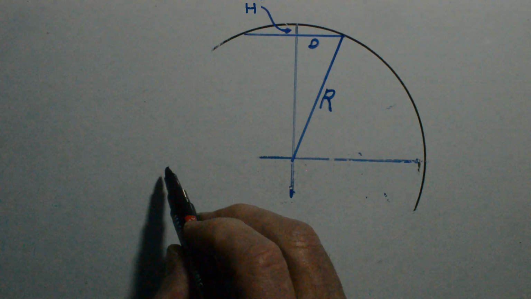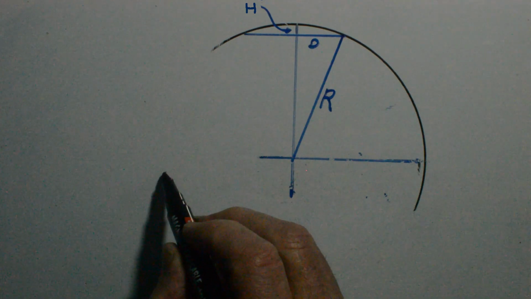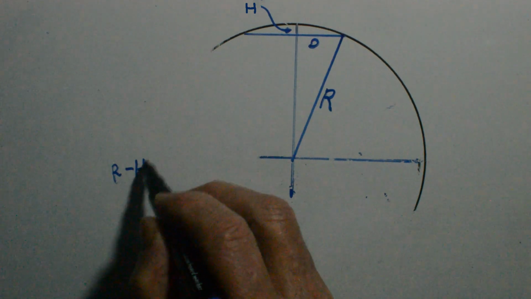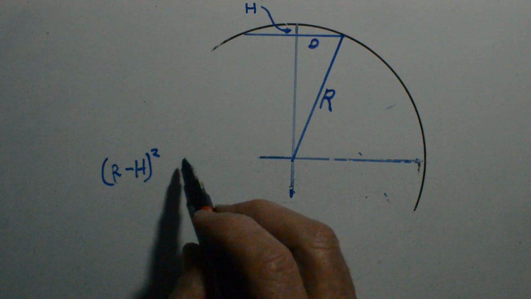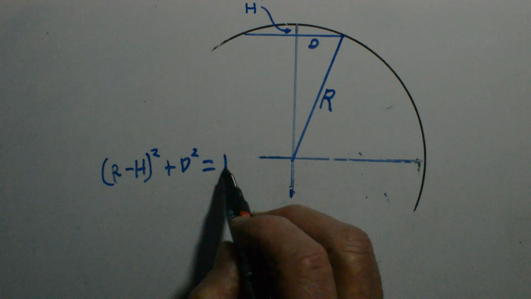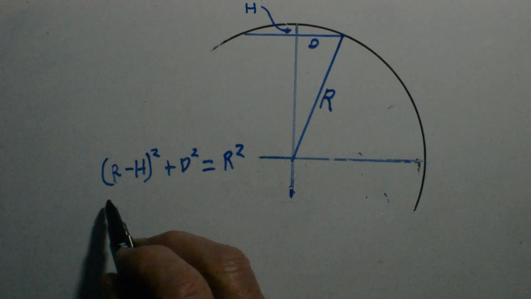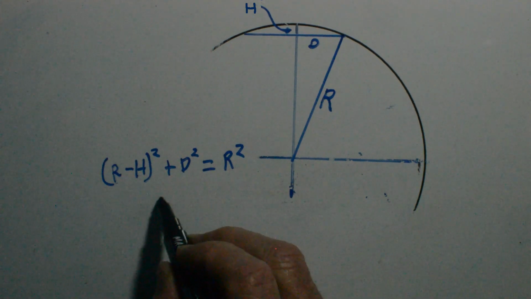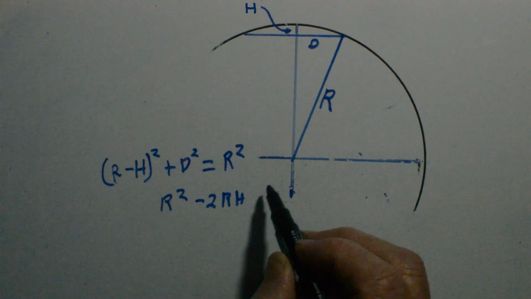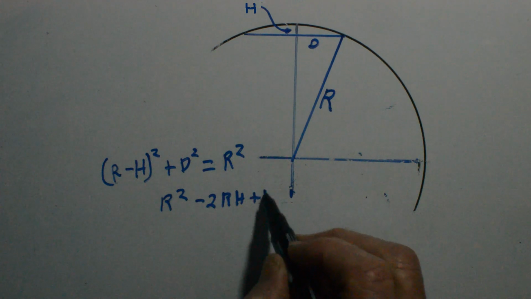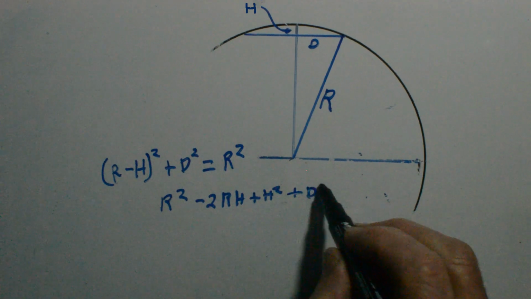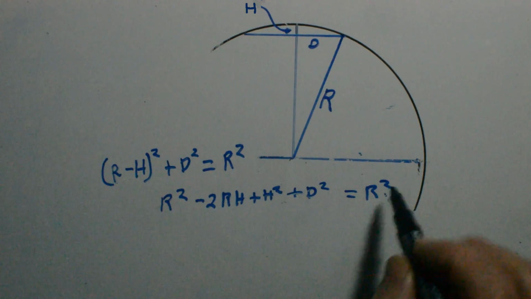Using the Pythagorean theorem, we have (r minus h) squared plus d squared equals r squared. Expanding that, we get r squared minus 2rh plus h squared plus d squared equals r squared.